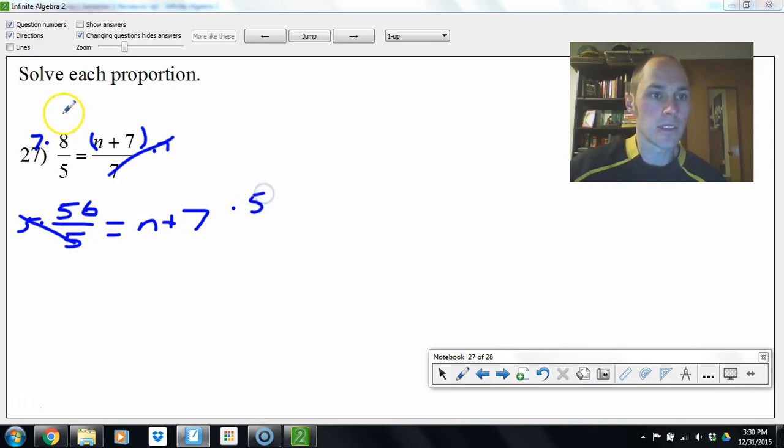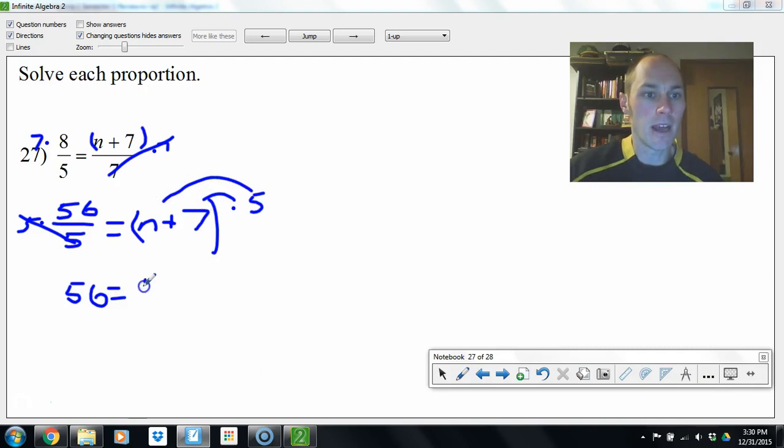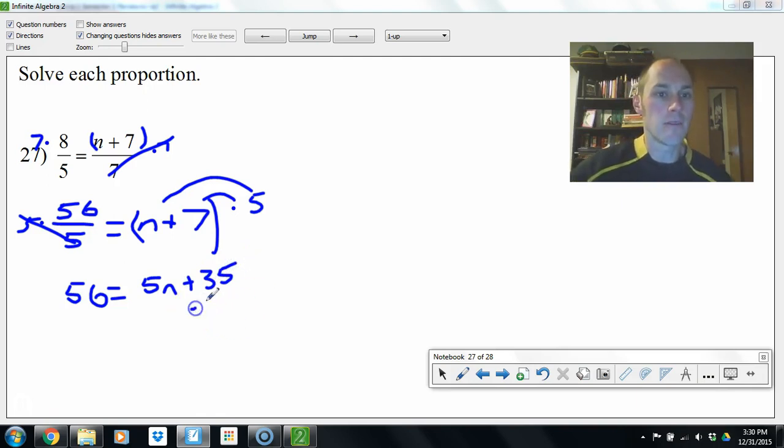Now keep in mind this was the quantity n plus 7, so I'll put that back in parentheses. So I have 56 equal to, now I can distribute, 5n plus 35. Now if I want to get the n by itself, I can subtract 35.